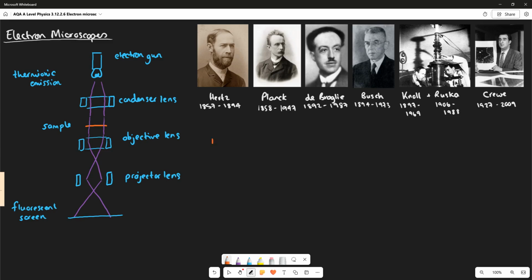Ruska and Knoll built their first electron microscope in 1931, and it became known as the transmission electron microscope, or TEM. It used magnetic lenses to spiral the electrons into the correct alignment. One of the problems with this is that the focus point can suffer from something called spherical aberration.